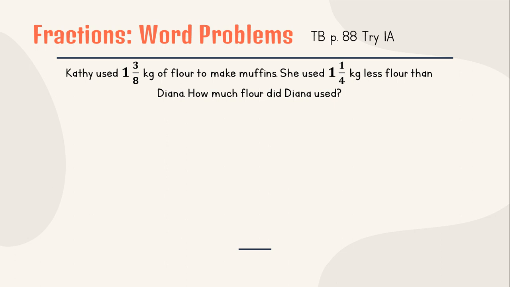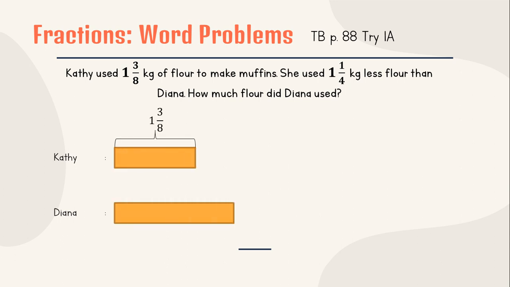So we know that Kathy used 1 3/8 while Diana used more than Kathy. How do we know that Diana used more than Kathy? Because in the story, it is stated that Kathy used less than Diana. So here is the model: Kathy had 1 3/8 while Diana will be more.